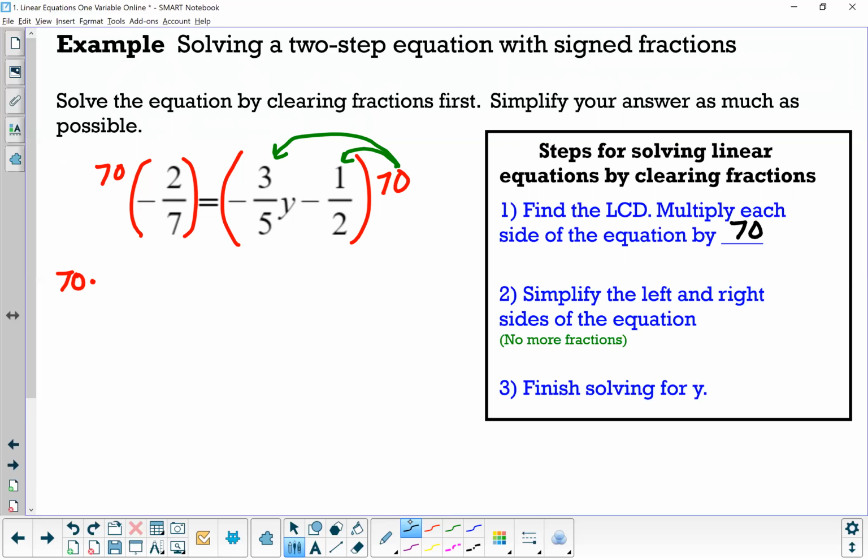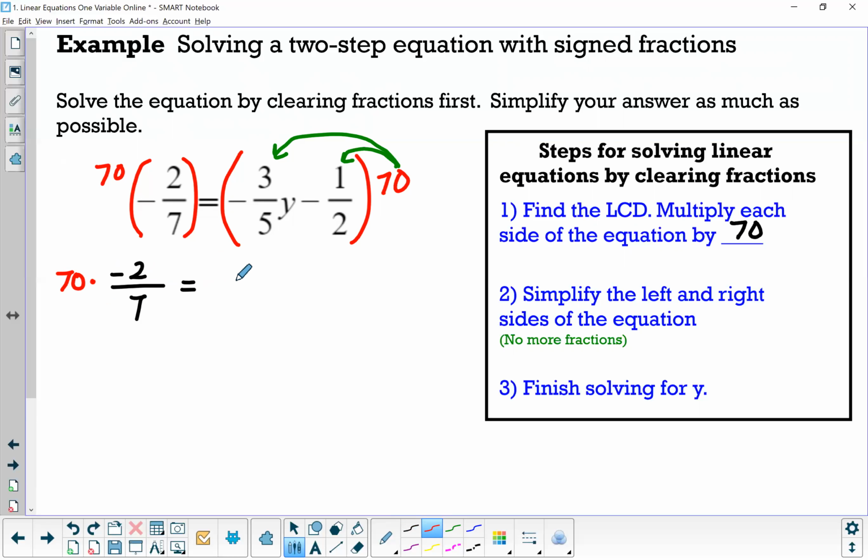times negative 2/7. Notice how I put the negative sign with the 2. You could have put it with the 7. It's up to you. Equal to 70 times negative 3.